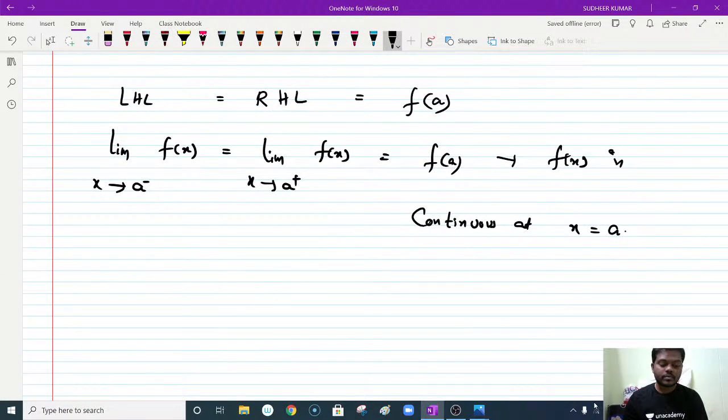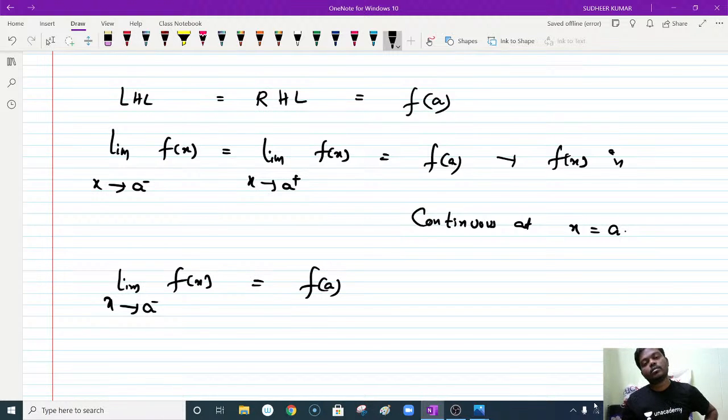Sometimes it will satisfy only one condition. Limit x tends to a minus f of x equal to f of a. Right?